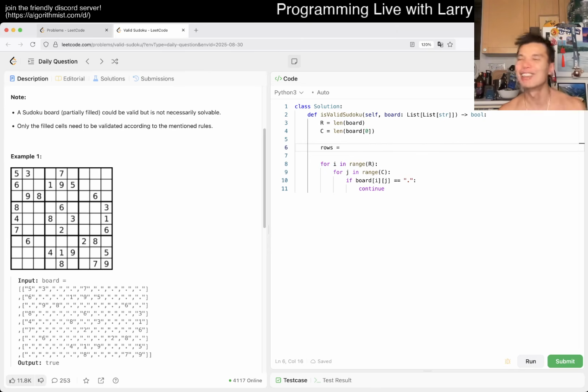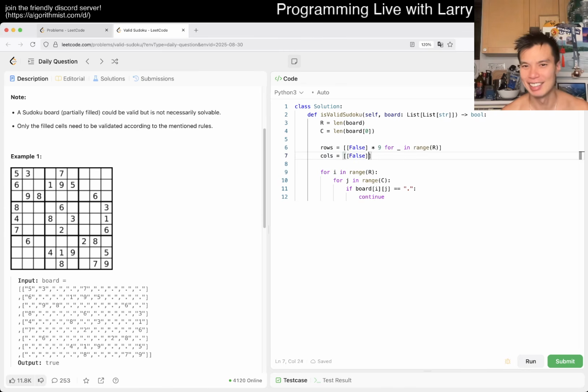The way that I'm inclined to do it is by using bit masks, but I'm trying to simplify it for people watching. I guess we could just do False times 9. For each row, we have 9 true or false values, and then yeah.